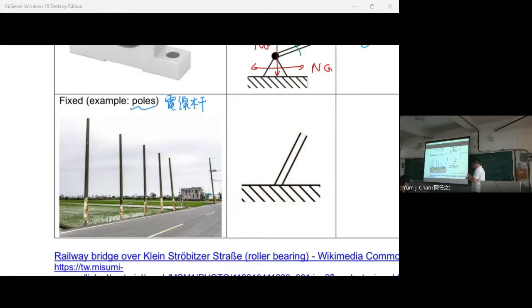For this type of support, we cannot have left and right motion, and we cannot have up and down motion. In addition to these two, we have the third one. We do not have rotation.